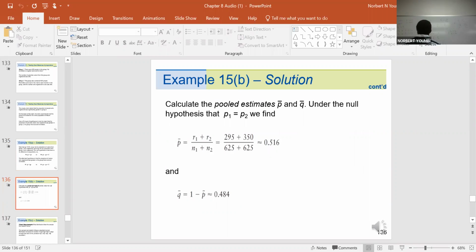So the pooled proportion will be P bar equals 295 plus 350 divided by 1,250. This is the pooled proportion, equal to 0.516. And the Q bar, which is 1 minus P bar, is 0.484.